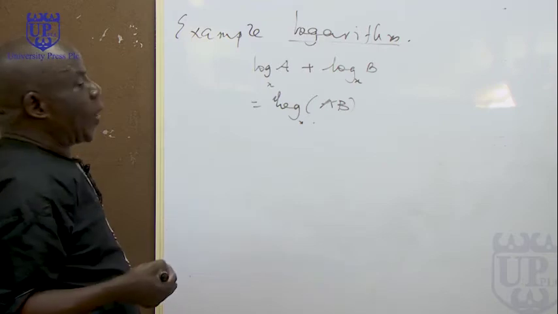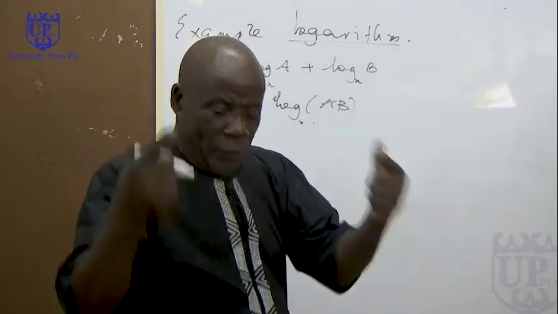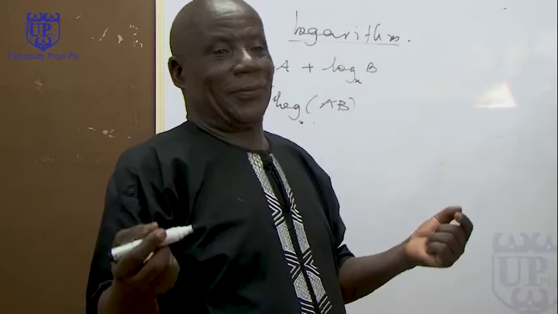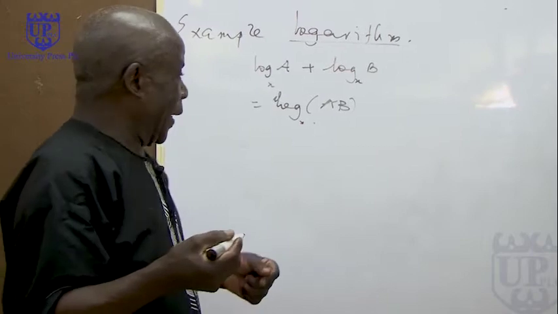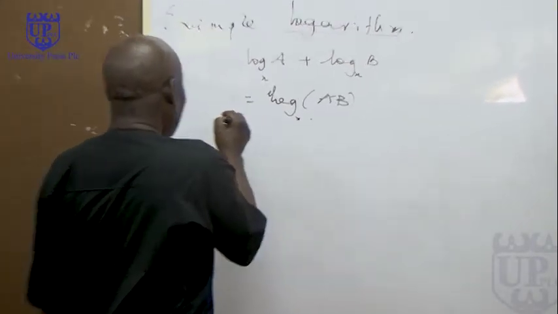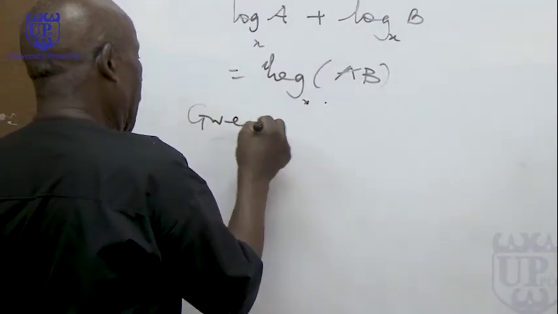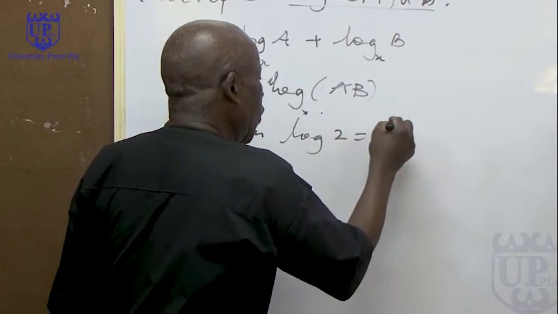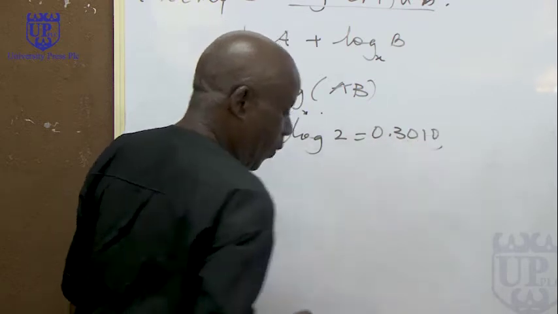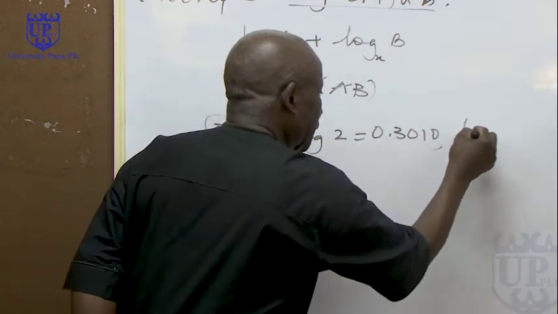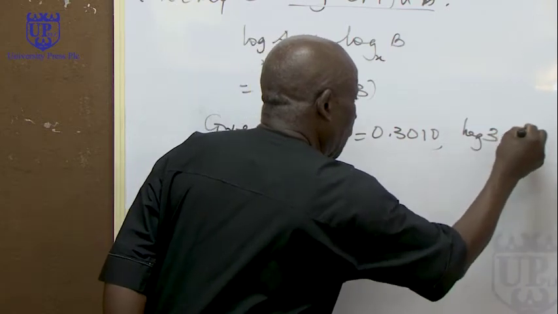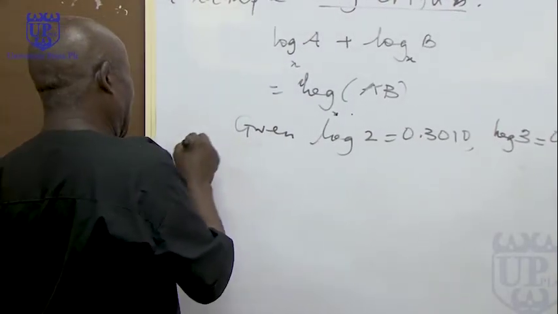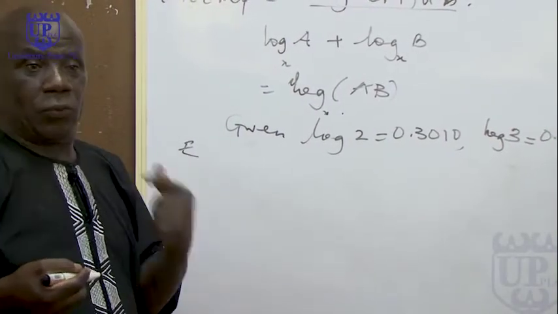Now, because they normally ask you to evaluate, you are given logarithms of some numbers, for example, given logarithm of 2 equals 0.3010, logarithm of 3 equals 0.4771, and you have to evaluate without using logarithm table.